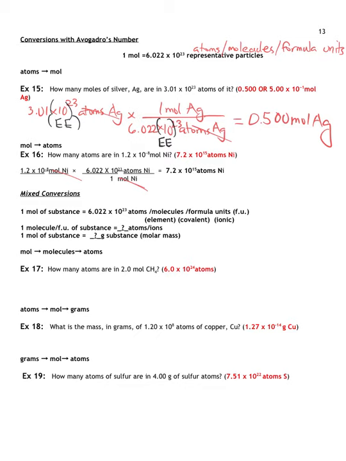We're jumping into mixed problems. Just to quickly review, these are your 3 converters. Either a mole of a substance equals 6.022 times 10 to the 23rd representative particles, depending on what you're representing. A molecule of a substance or a formula unit can be broken down into atoms or ions, depending on what substance it is, ionic or covalent.